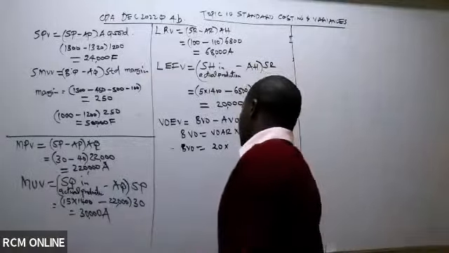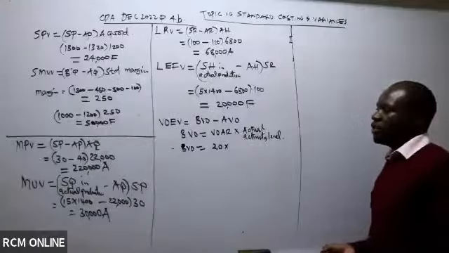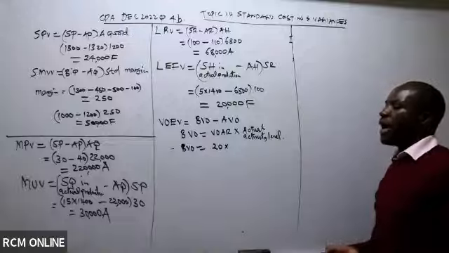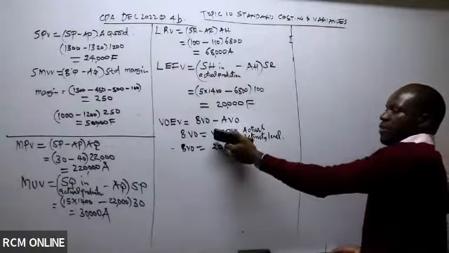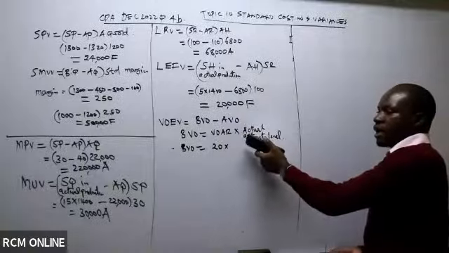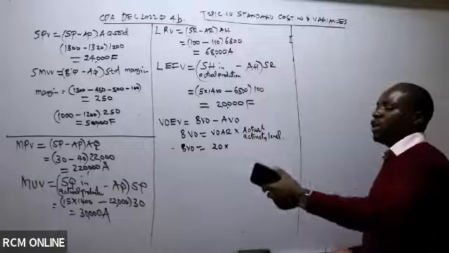Are you able to see actual activity level? Actual activity level is dependent on actual labor hours. So the overheads absorbed will be the budgeted variable overhead absorption rate times actual activity level. Actual activity level, they are absorbed based on labor hours.